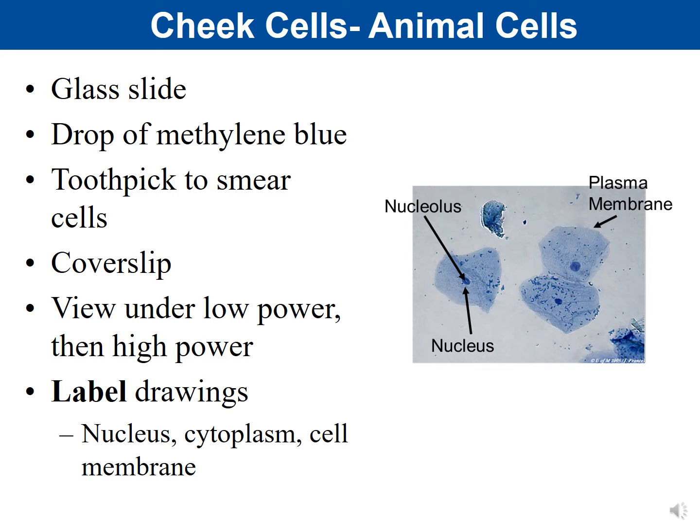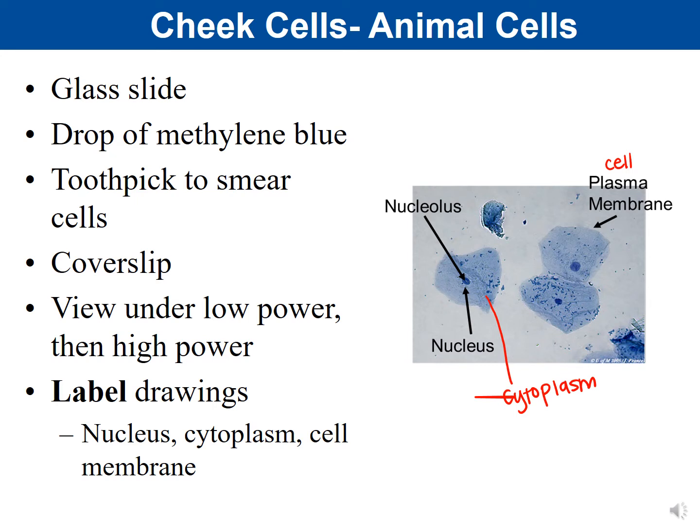You would then take your cover slip, place it on your slide, view under low power and then high power, and then label the drawings. And so it says to label your drawings the nucleus. So that's that dot here. We would have our cytoplasm. And then we would have our plasma or cell membrane, right, which is this outer edge of the cell here.